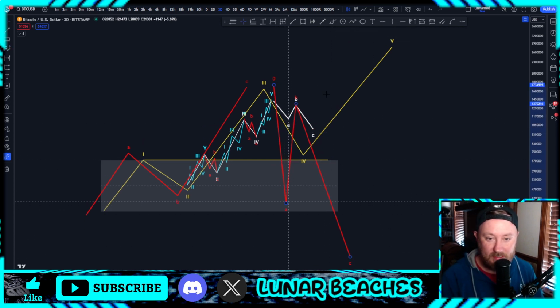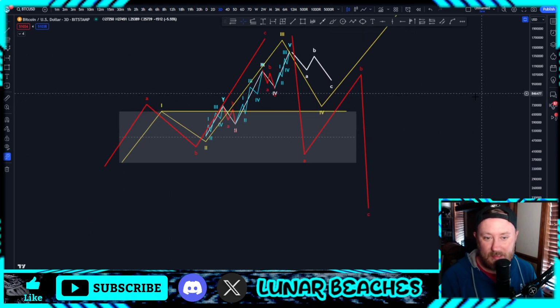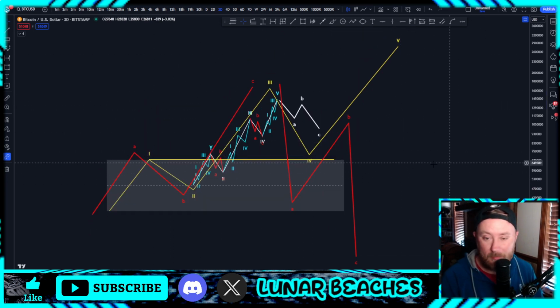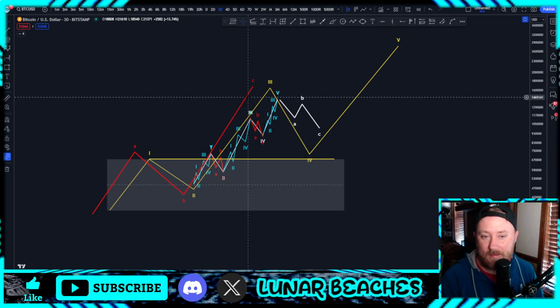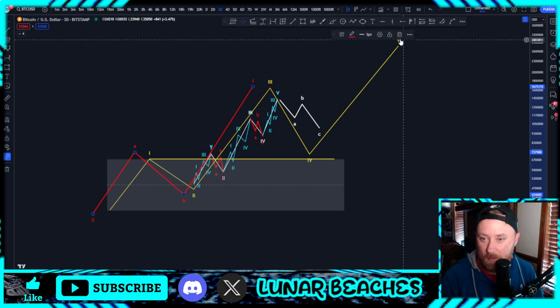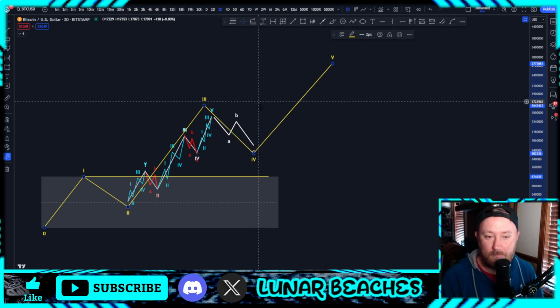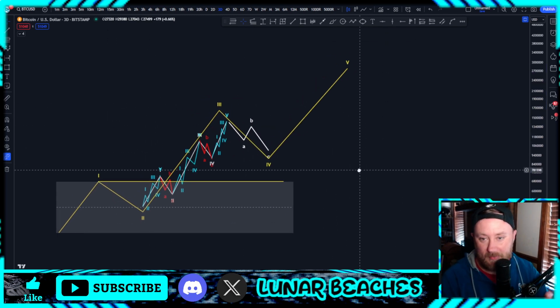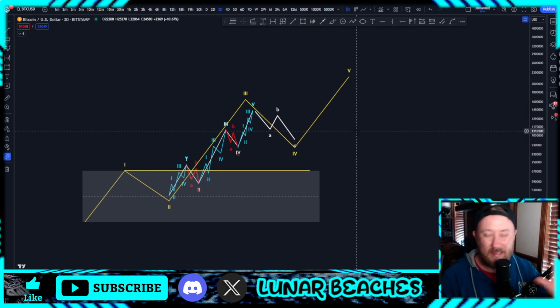That would take out wave B, and that's more of a topping structure. So we would more likely see that over at wave 5, once we have completed our 5-wave impulse structure to the upside. That is where we would see that type of ending phase.